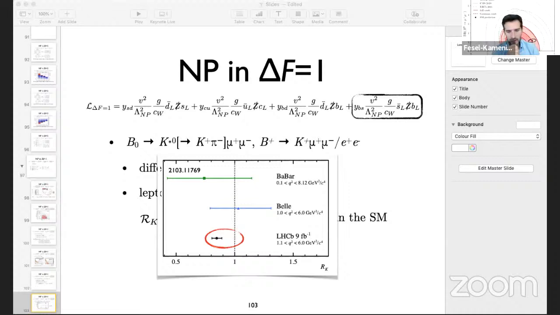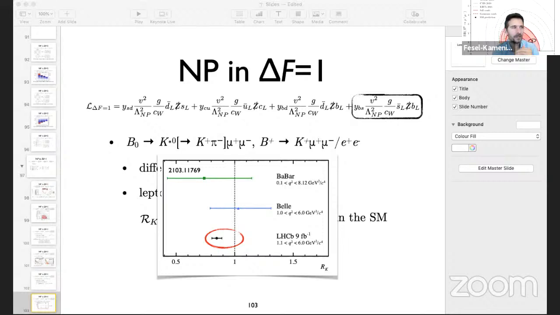So there are a number of attempts in the literature where people try to construct more or less effective or toy examples of UV models that try to accommodate as large a subset as possible of the presently observed deviations. So the smaller the subset, the easier it is.